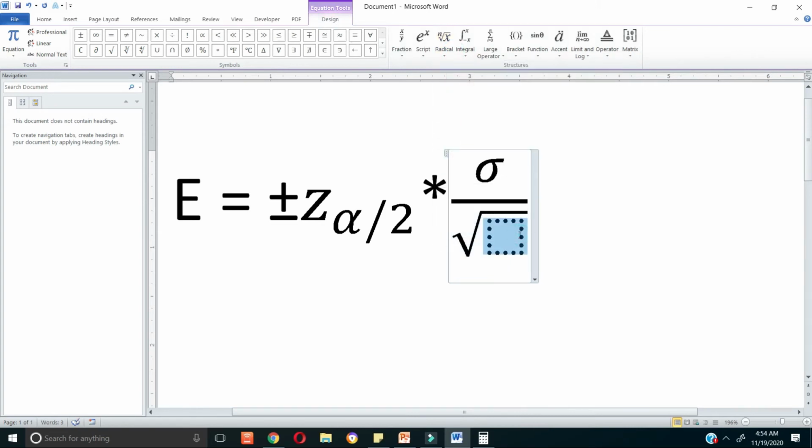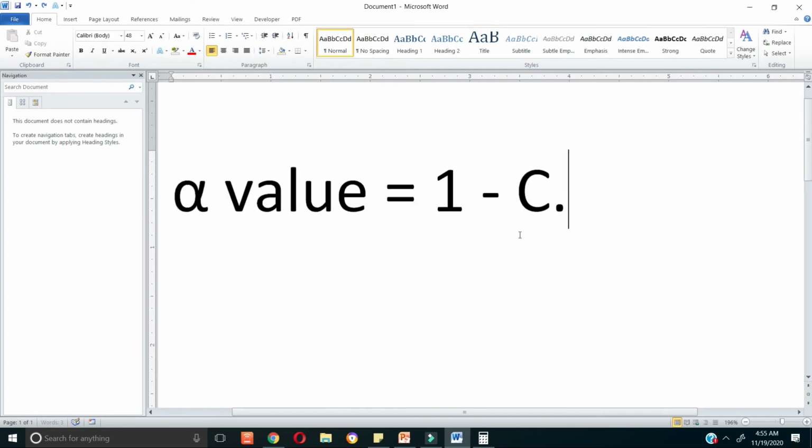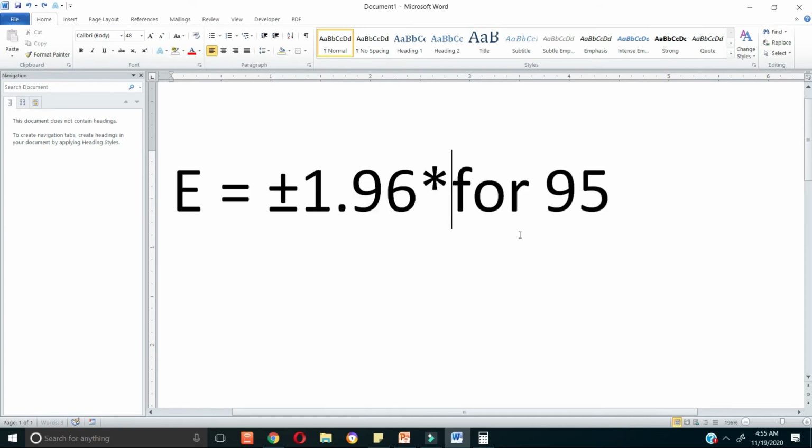So this is basically the general form for the equation for the error. If you just go back to what we had before, this is how we had the error.